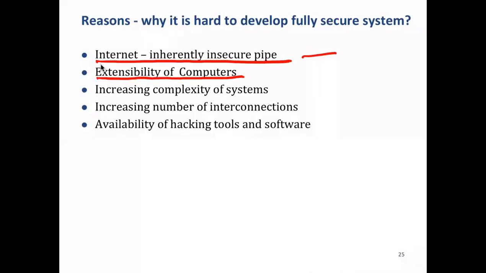Extensibility of computers: we cannot say a computer is developed forever. One computer that we buy with some software, we cannot say that's it, it is totally secure. Every day computer software keeps changing, we keep updating, it keeps getting new software, versions change and so on. So a computer is not a fixed thing, a system is not fixed, it's always getting extended.